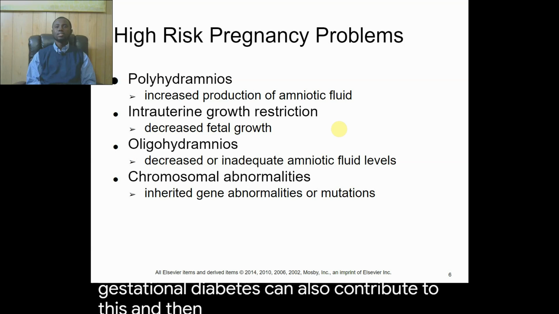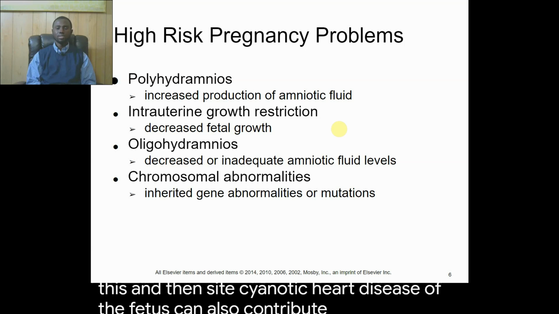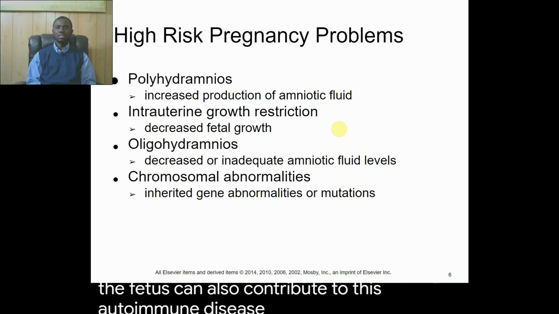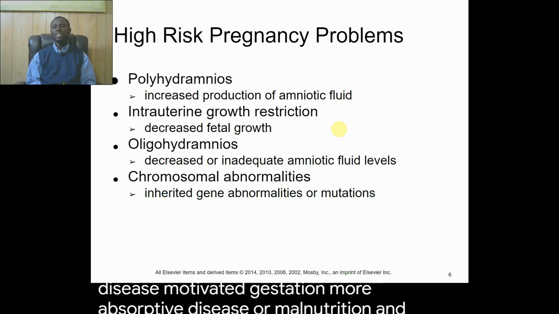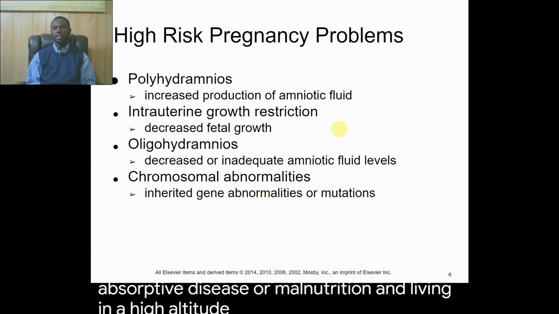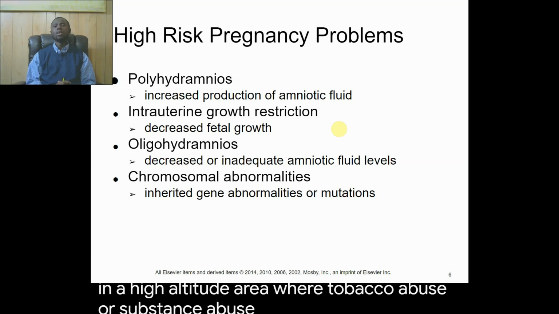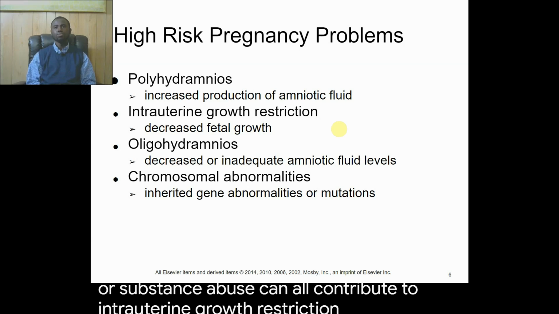And then cyanotic heart disease can also contribute to this. Autoimmune disease, restrictive pulmonary disease, multifetal gestation, malabsorptive disease or malnutrition, and living in a high altitude area with tobacco abuse or substance abuse can all contribute to intrauterine growth restriction.